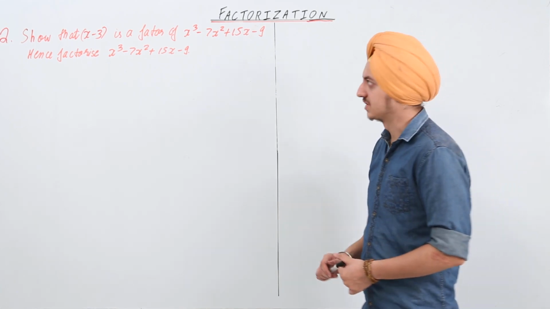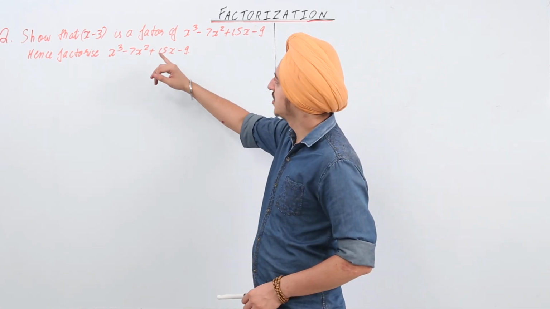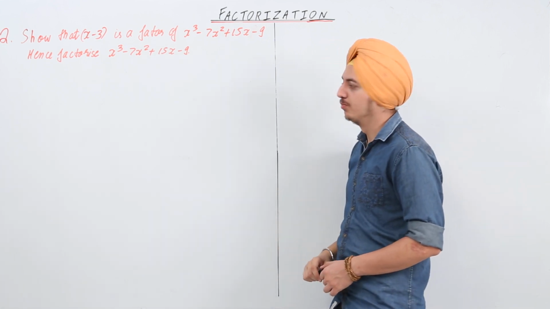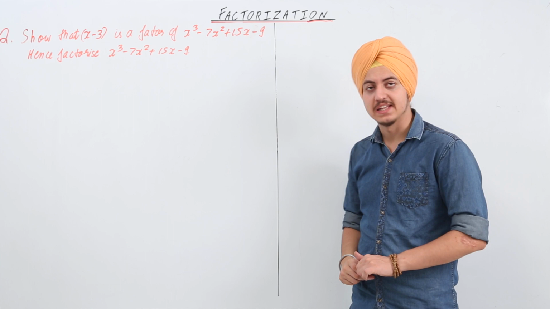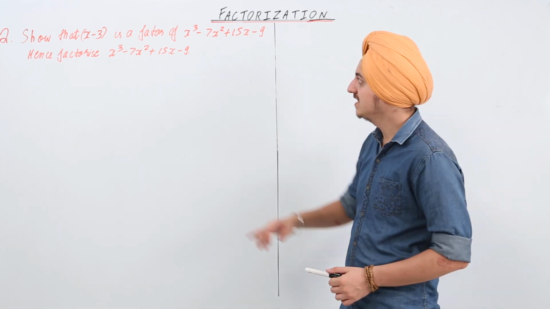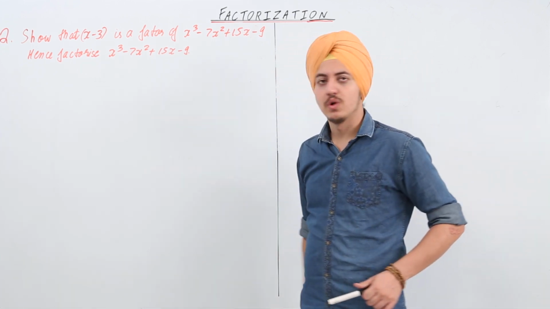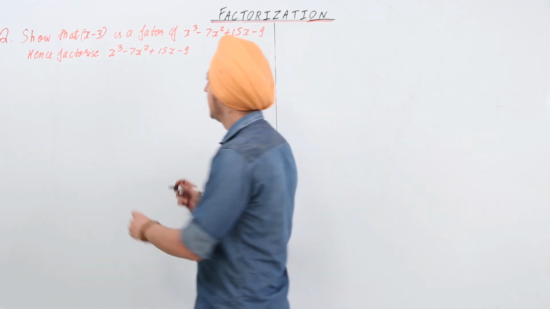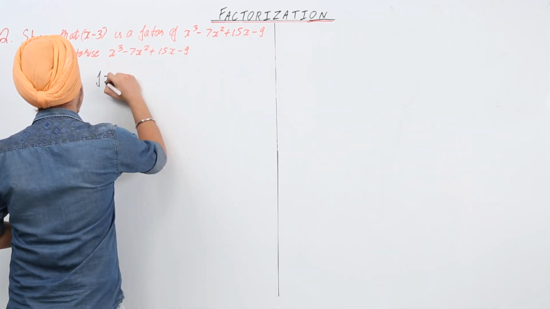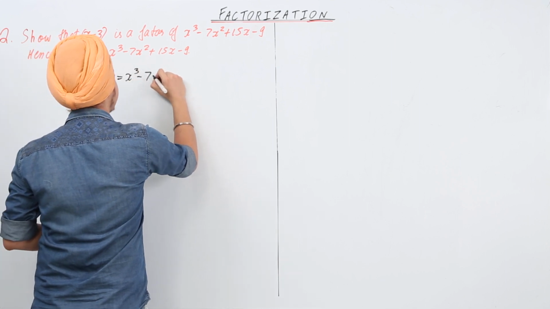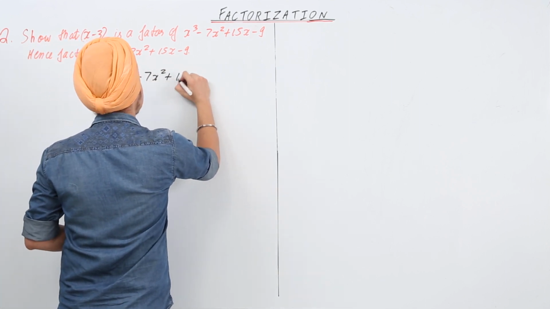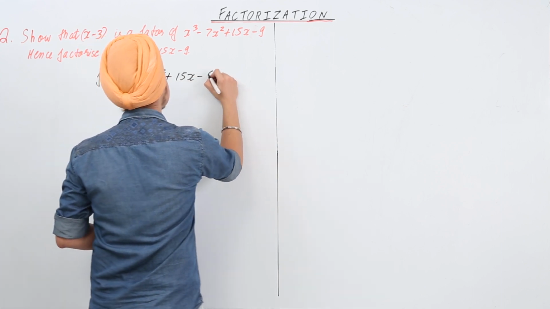Now in the next question, show that x minus 3 is a factor of x cube minus 7x square plus 15x minus 9, and hence factorize x cube minus 7x square plus 15x minus 9. So here f(x) is equal to x cube minus 7x square plus 15x minus 9.